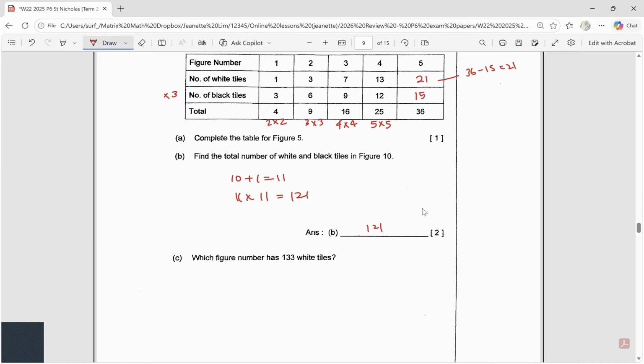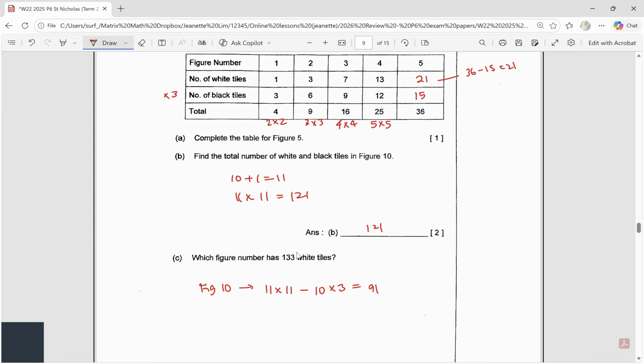Firstly, we already have the figure 10 total, so let's start from there. For figure 10, to find the number of white tiles, it would be the total, which is 11 times 11, then minus away the black tiles, which would be 10 times 3, the 3 times table.